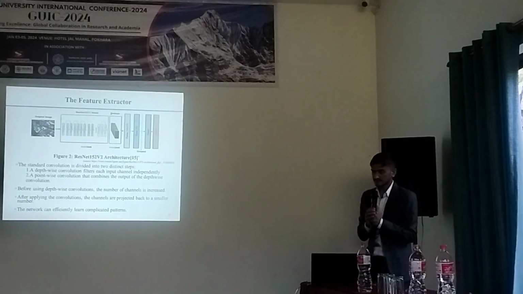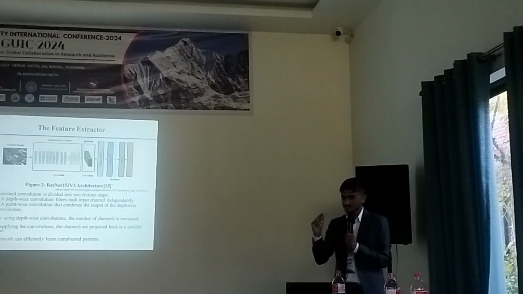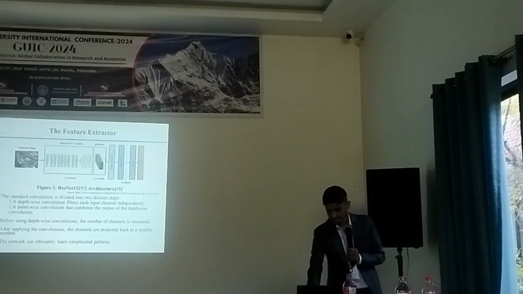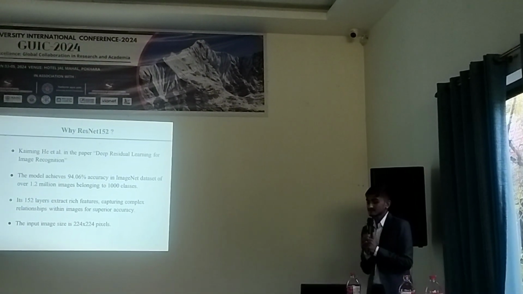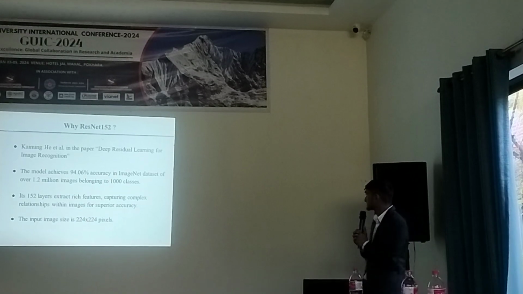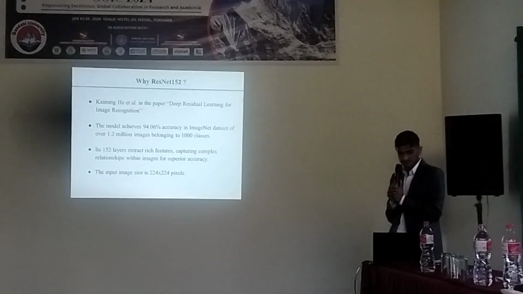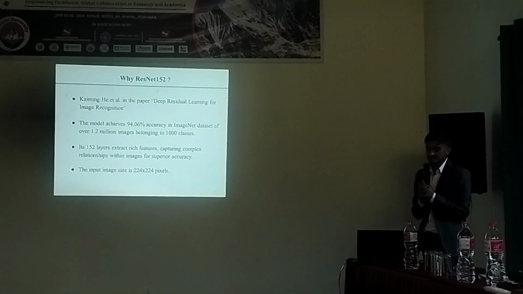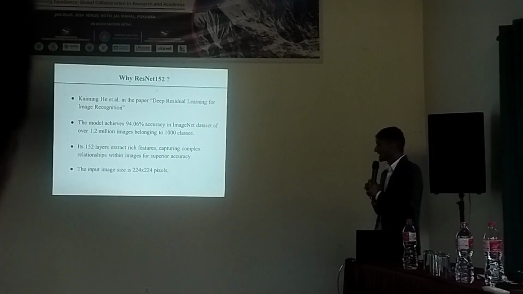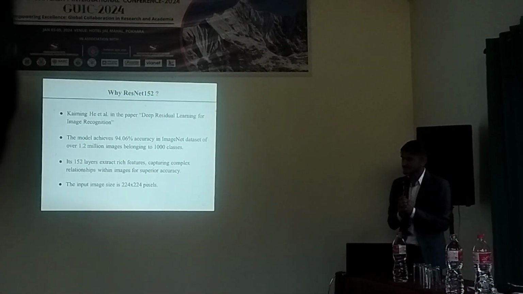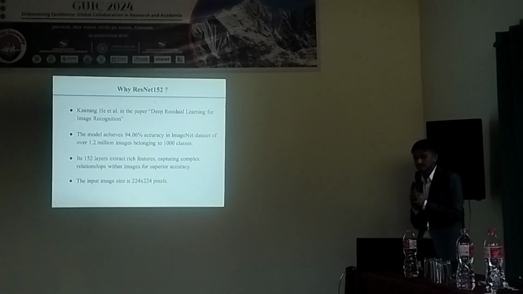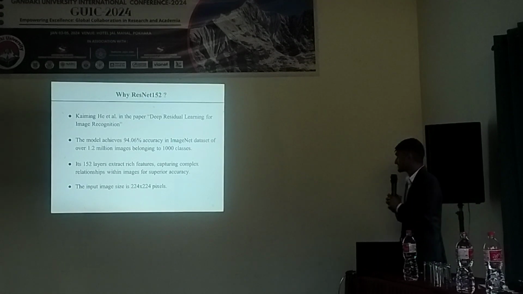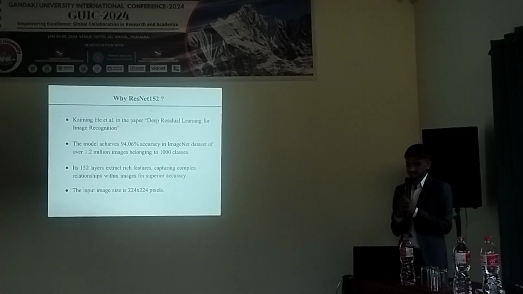I think earlier someone was talking about the specific region of interest. It was proposed by Kaiming He in their research on deep residual learning for image recognition. The model was trained on the ImageNet dataset of 1.2 million images having 1,000 classes, and it has an accuracy of 92.06%. The input size for that model is 224 by 224 pixels.